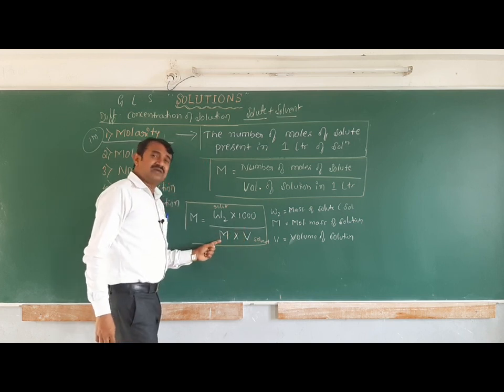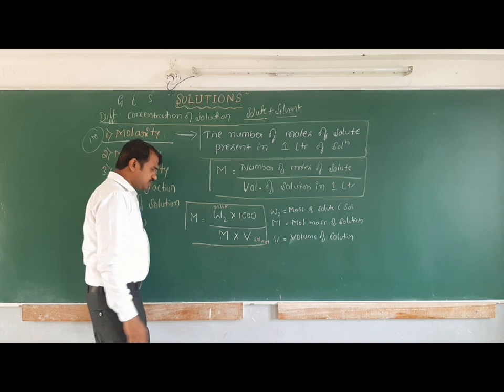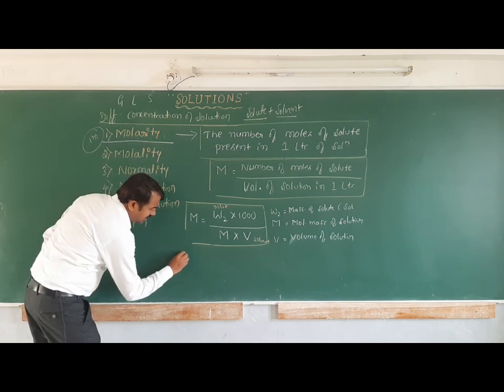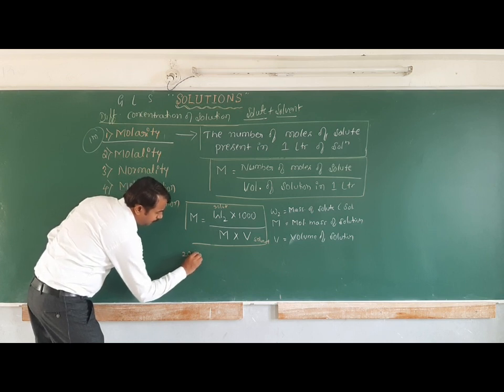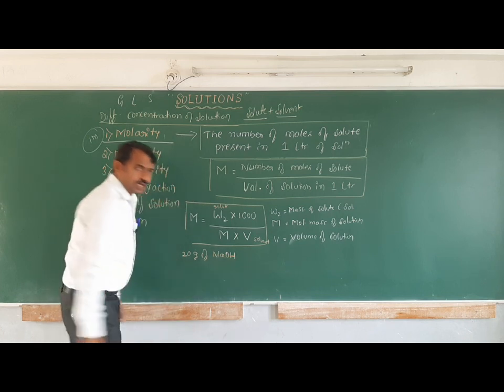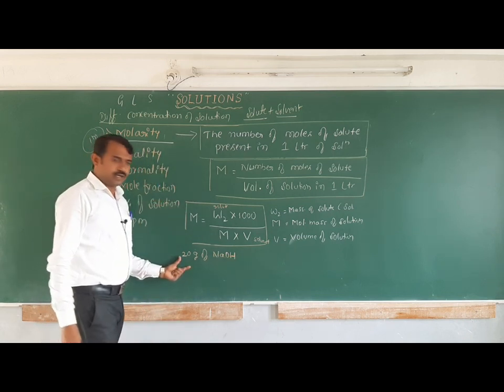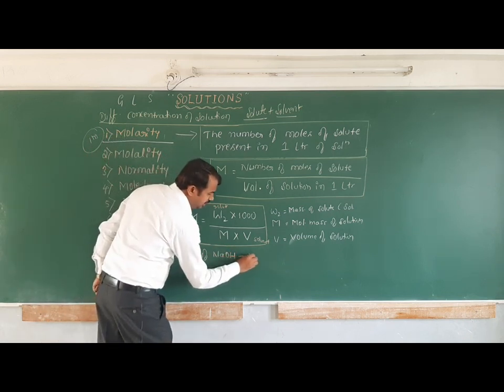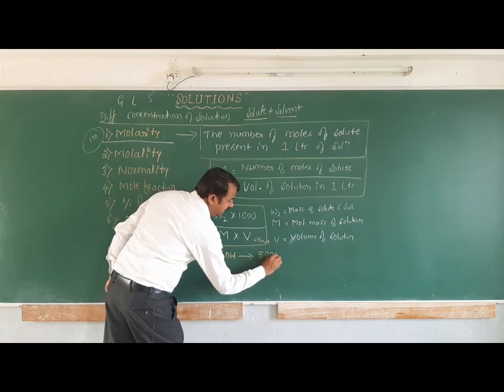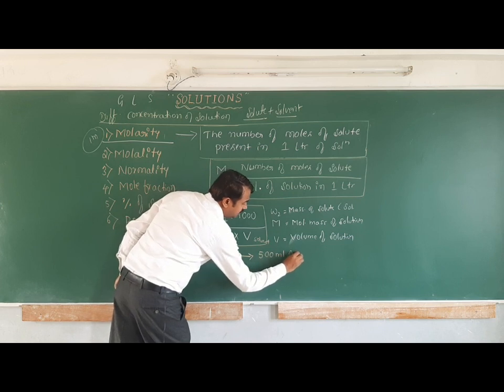M means molecular mass. Suppose I take one example: 20 gram of sodium hydroxide is dissolved in 500 ml of water.